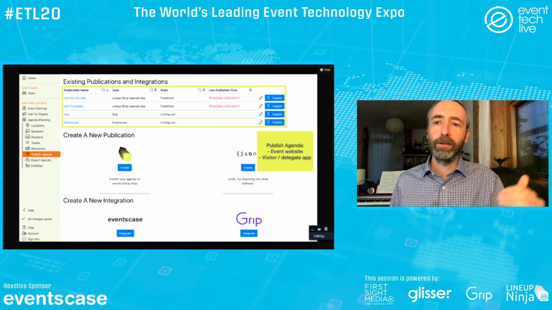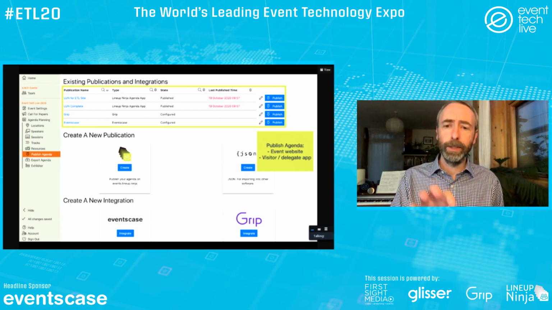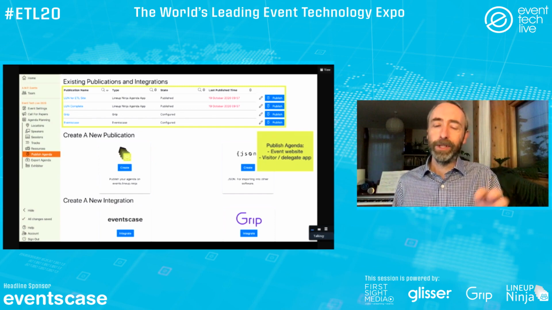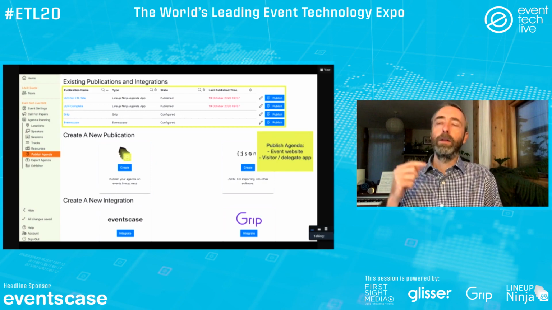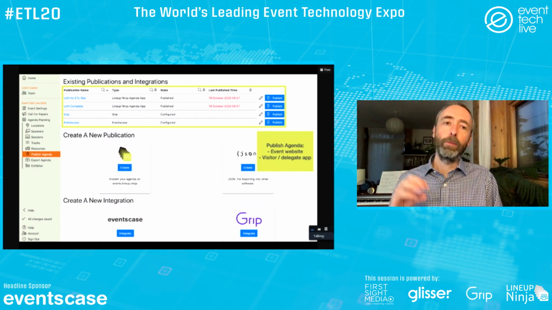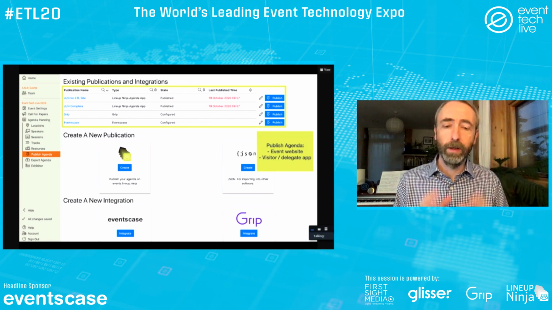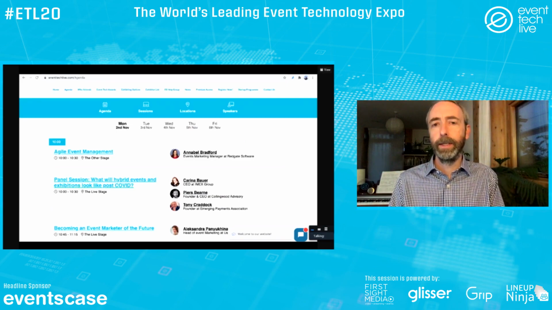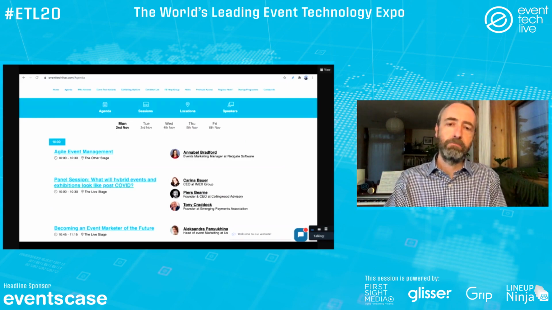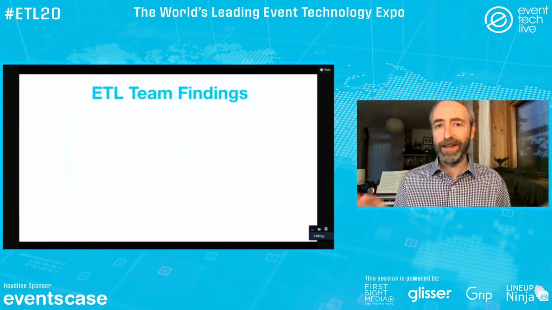They also configured an integration between Lineup Ninja and Grip and Lineup Ninja and Events Case, so that the speakers' information can be populated into Grip and the agenda data can go onto the event website, which looks like this. So there it is up on the Event Tech Live website. Looks lovely. Okay, so that was what kind of stuff they did.